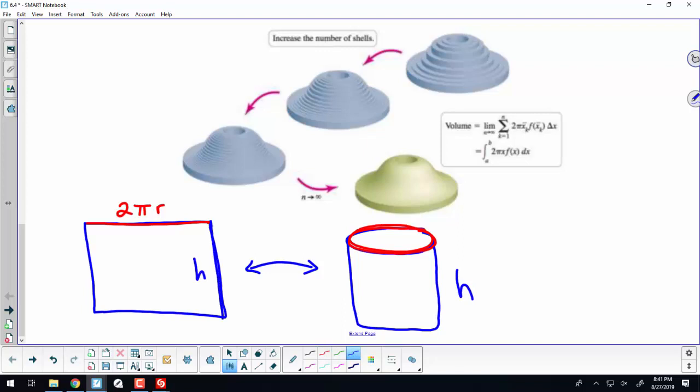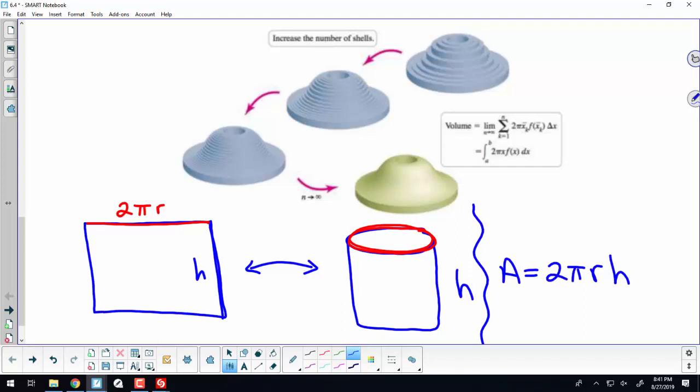That didn't change. That's still h. So the area of our cross sections, these right circular cylinders, is just 2 pi r times h. Those are the areas of our cross sections.